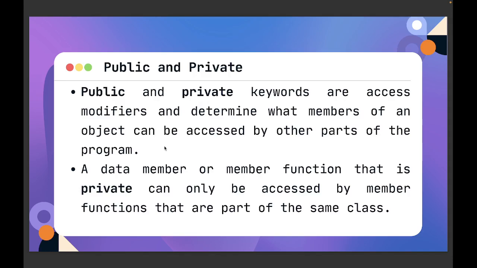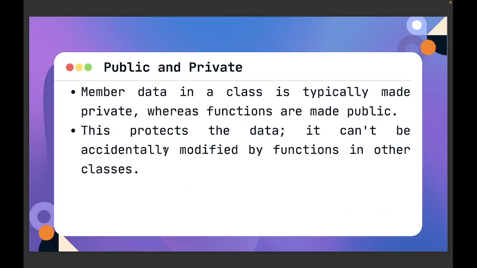Kailangan mo siyang idaan muna sa function. Okay, so that's how we implement security, especially in objects in a nutshell. So member data na class is typically made private whereas functions are made public. So kung hindi mo siya lalagyan ng access modifier like public or private, then ibig sabihin this is fixed as public.